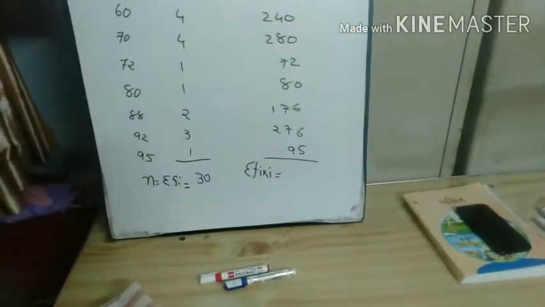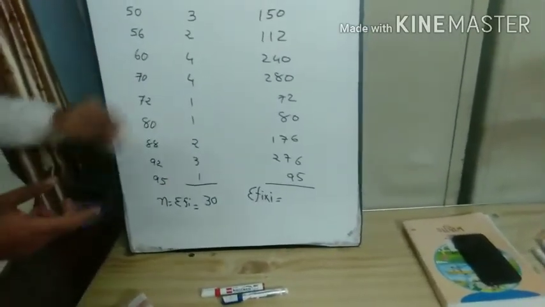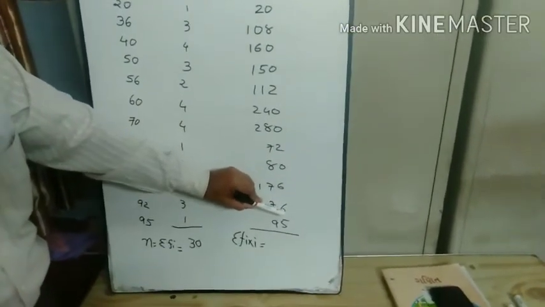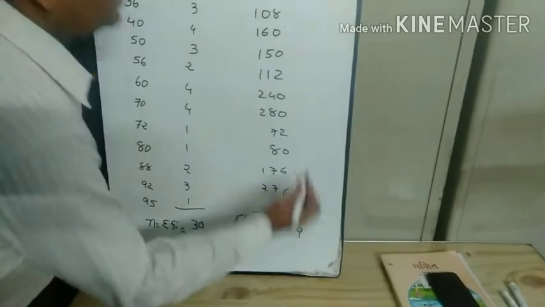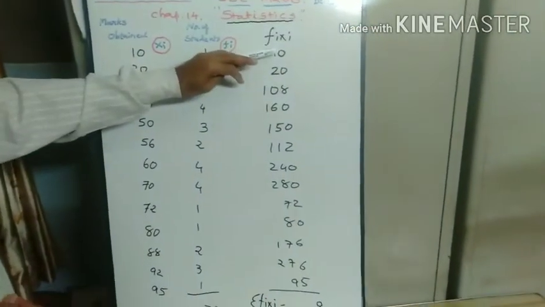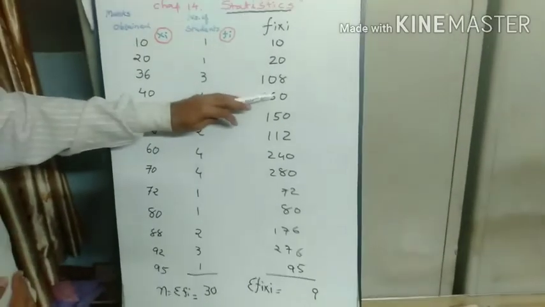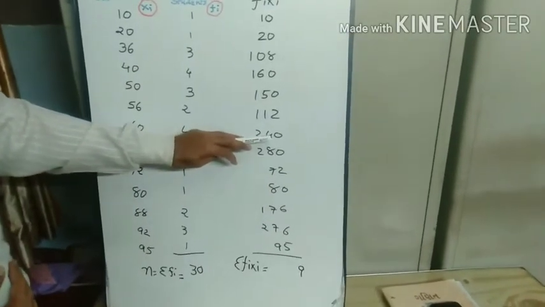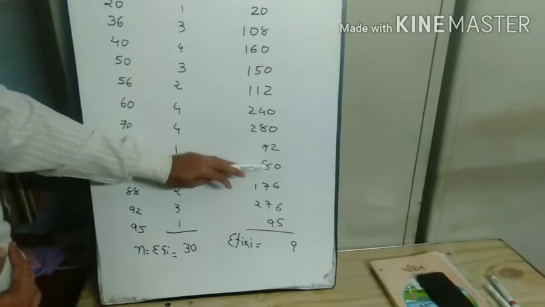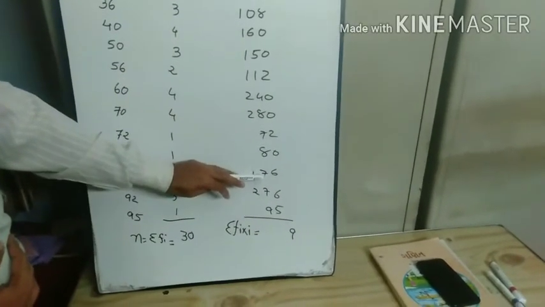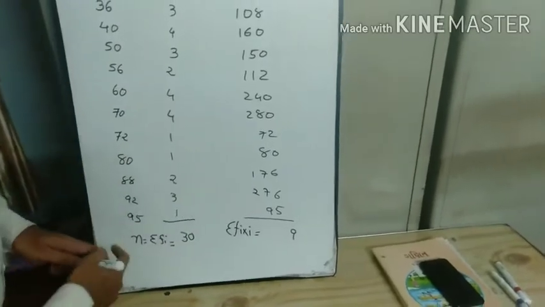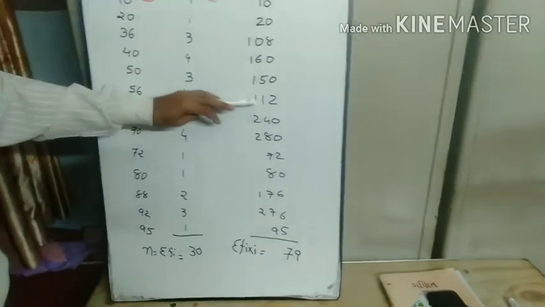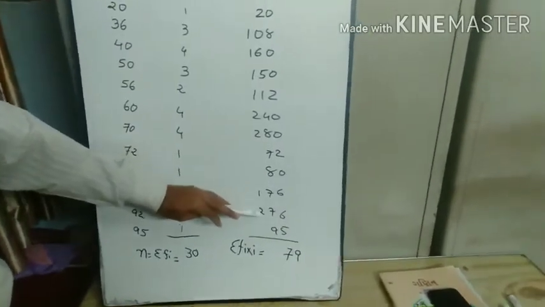Sigma fi xi means the sum of all these products: 10, 20, 108, 160, and so on, adding up step by step.